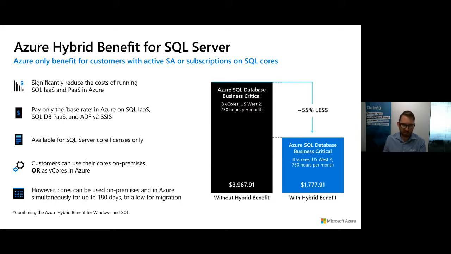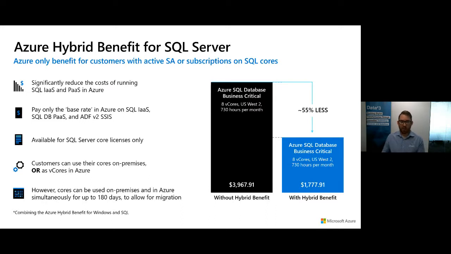It depends on what type of license you're using for your SQL version at the moment. If it's core license only, then you can have access to the hybrid benefits as well, and as I said, it does reduce the cost of running the Azure SQL workload. You have to have SA, let me mention that, sorry.